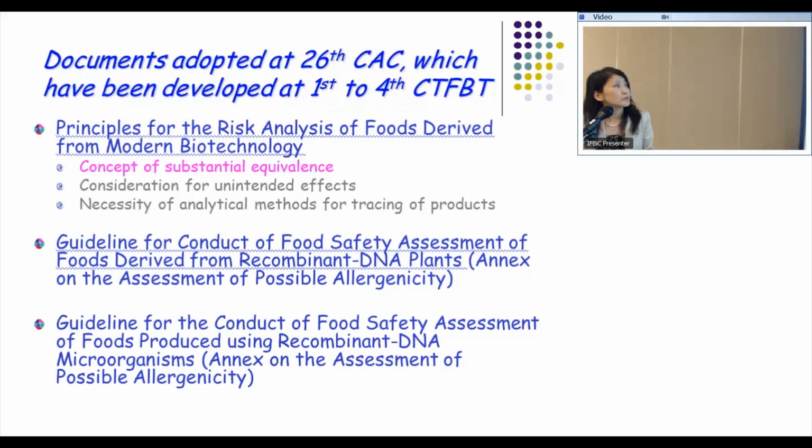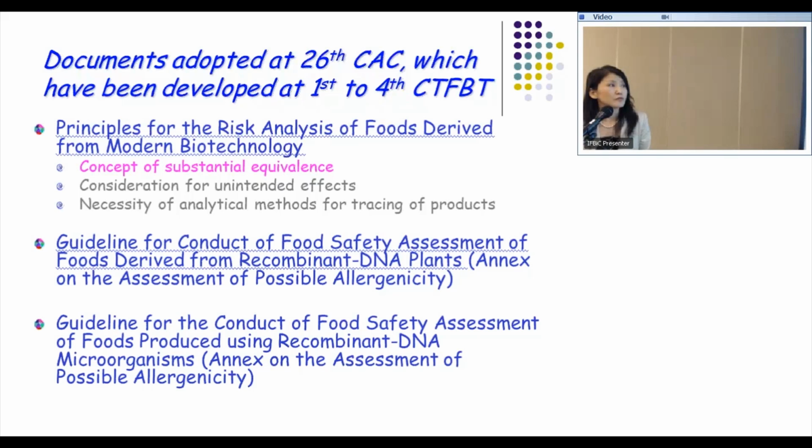And based on these guidelines and also other documents prepared by many international organizations, derivative guidelines and standards were produced and have been used to conduct the safety assessment in individual countries.